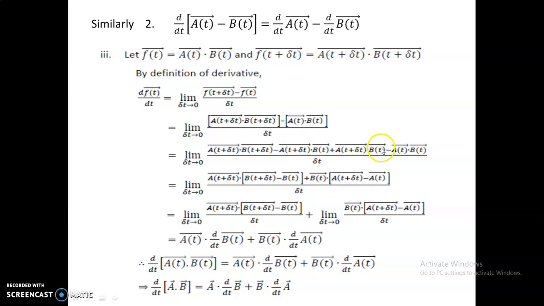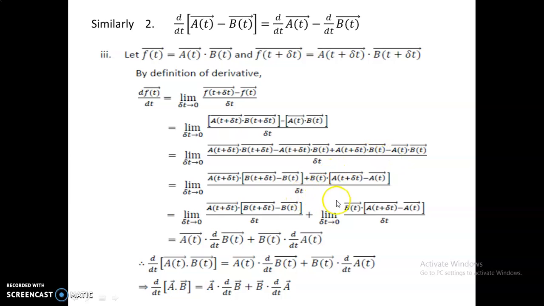Add and subtract this term, and then group the terms. The common term between the first two terms is a of t plus delta t, times b of t plus delta t minus b of t, and in the second term b of t is common.